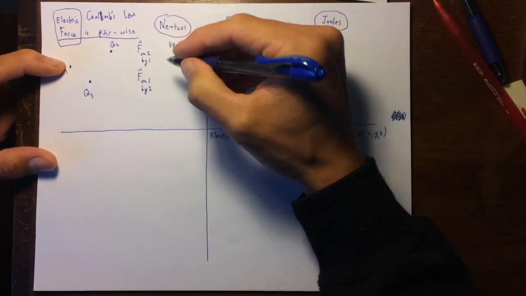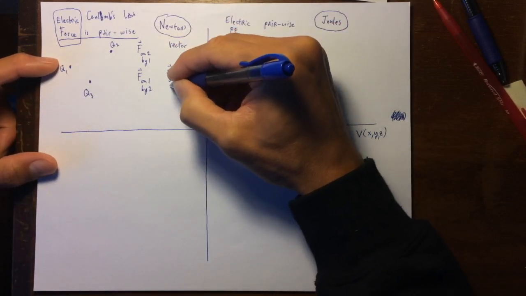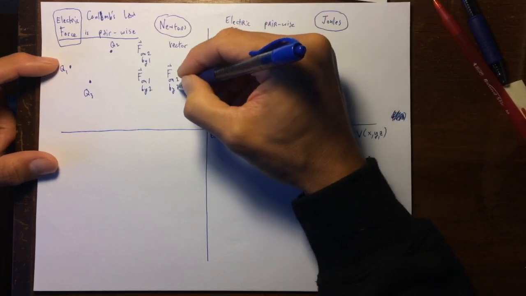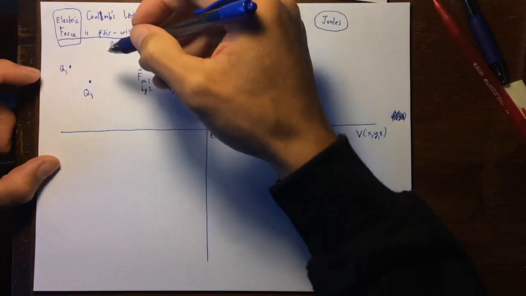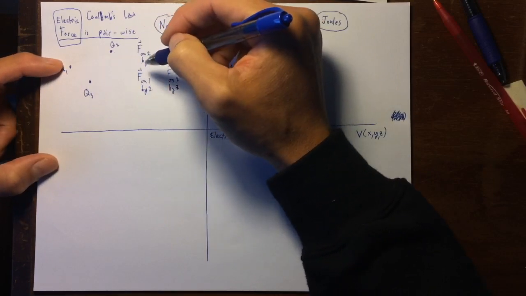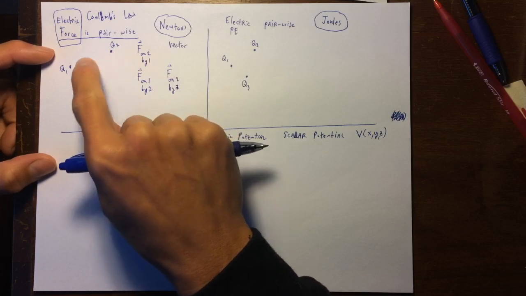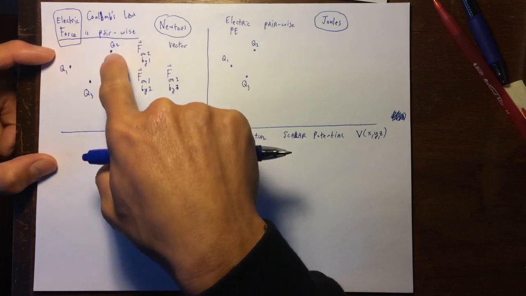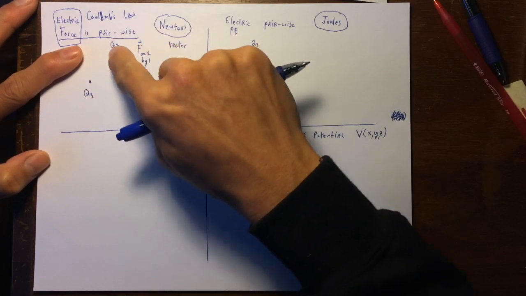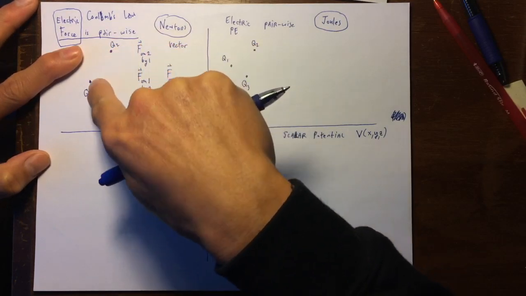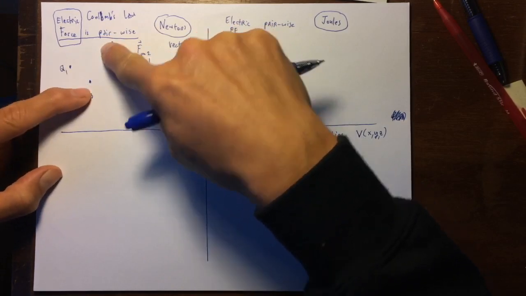And how about the force on 2 by 3 instead? So lots of forces. In fact, every pair has 2 different forces. In the interaction between the first two charges, there's a force on the first charge and a force on the second charge. In the interaction between the second and third, there's a force on the second charge and a force on the third charge.